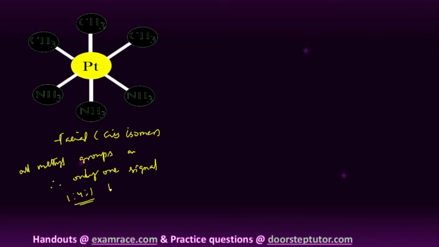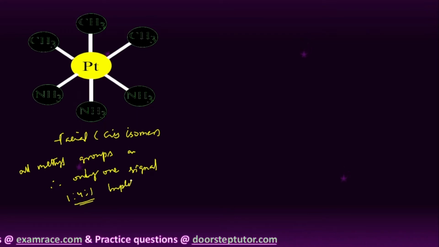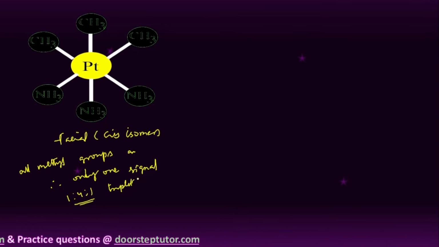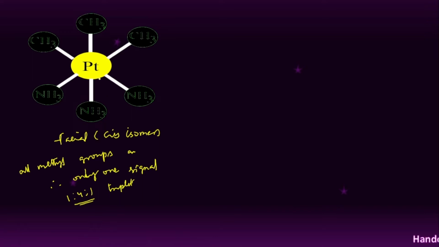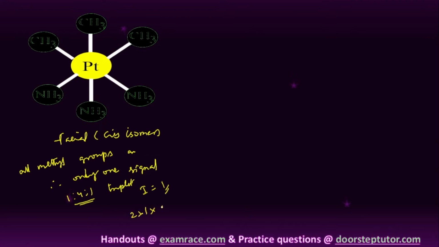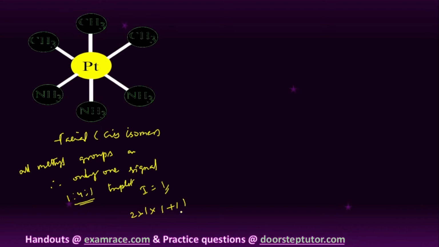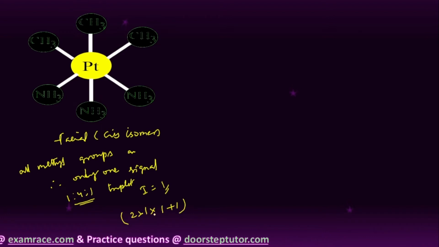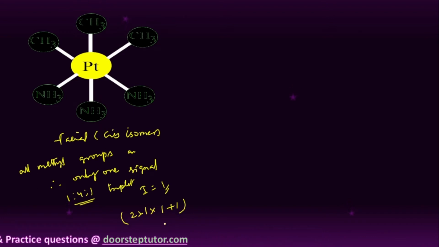That means it splits into a triplet, due to the coupling of platinum. The I value of platinum is 1, so 2 times 1 plus 1 is 3.